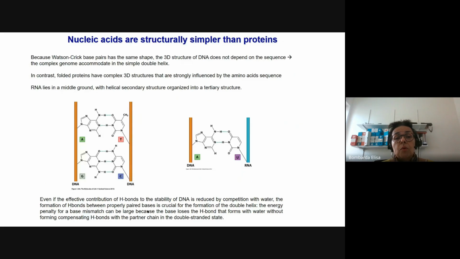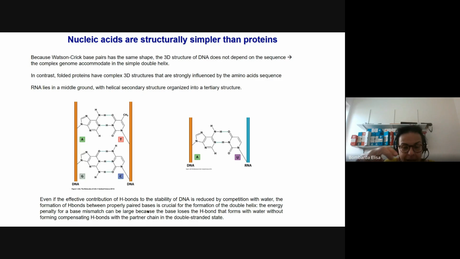So, yeah, that's another difference that we have to keep in mind. Nucleic acids are structurally, let's say, simpler than proteins. In proteins, there is really a great variation of structure that we can have. Instead, nucleic acids are, let's say, a little bit simpler.